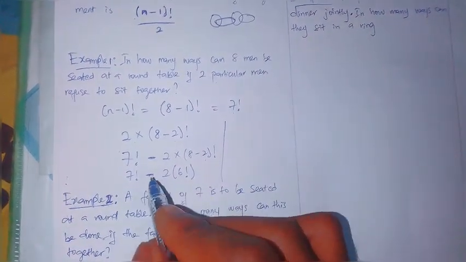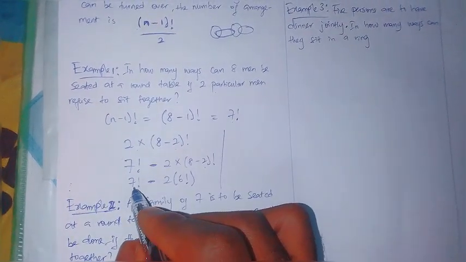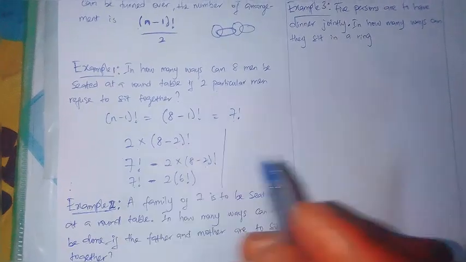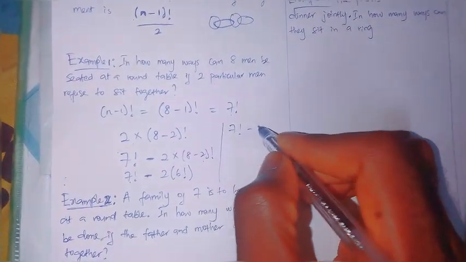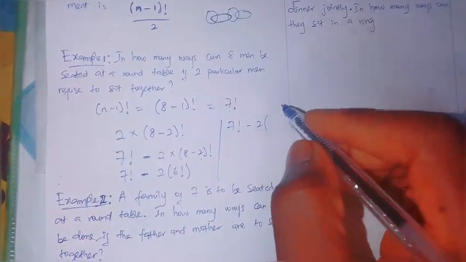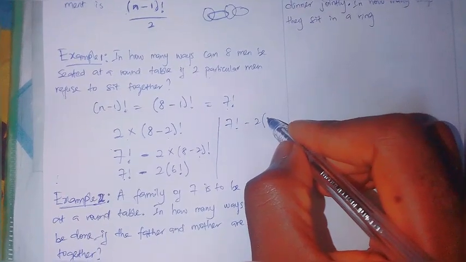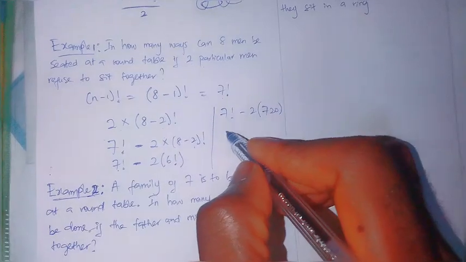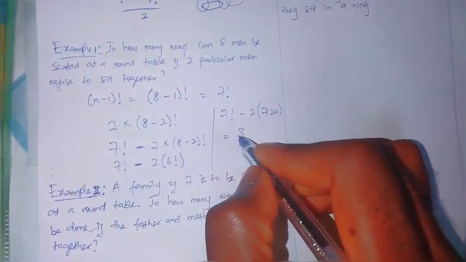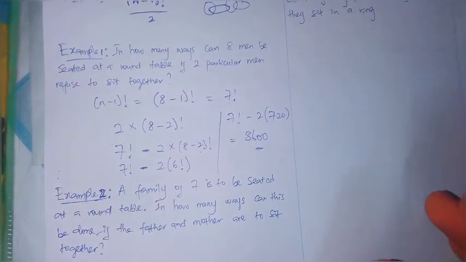But since they refused, I'm subtracting their acceptance from the round table. That becomes the refusal. So now that becomes 7! minus 2 times 6!, and 6! is 720, 5! is 120. On multiplying and solving, your answer should give you 3,600. So, this is my solution.